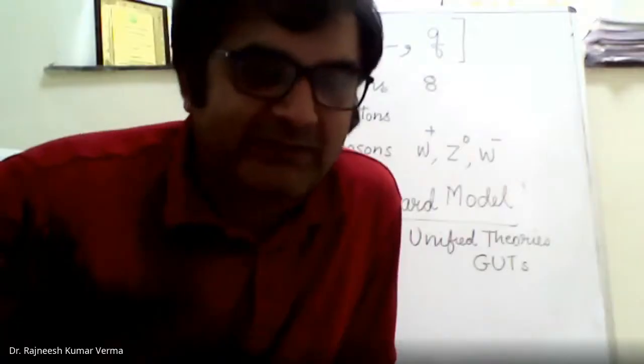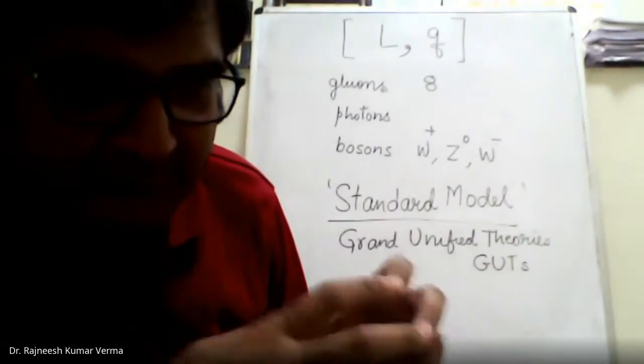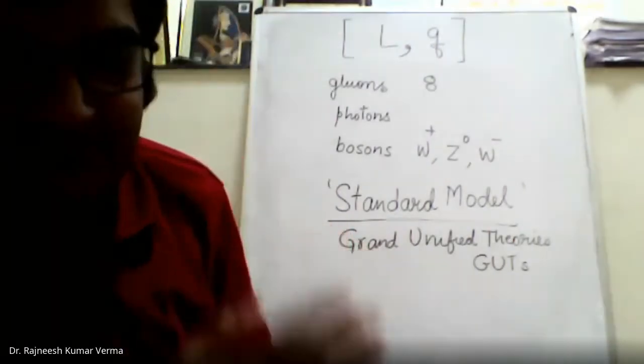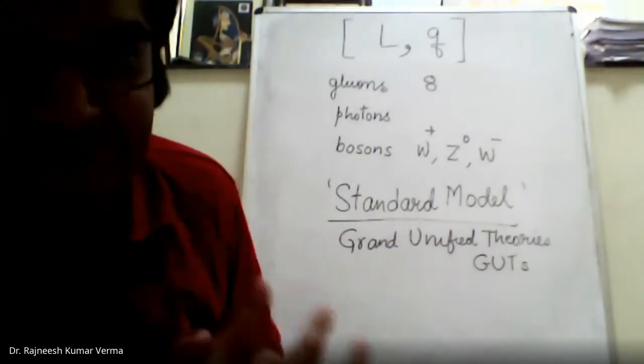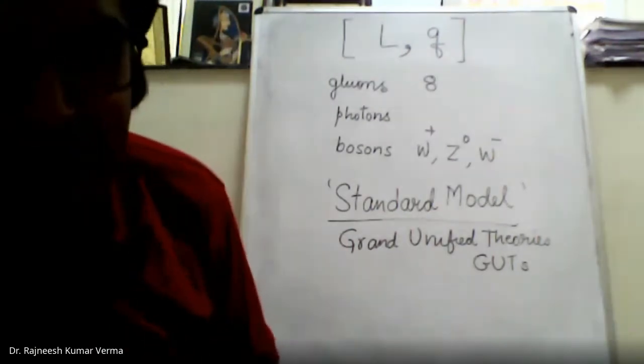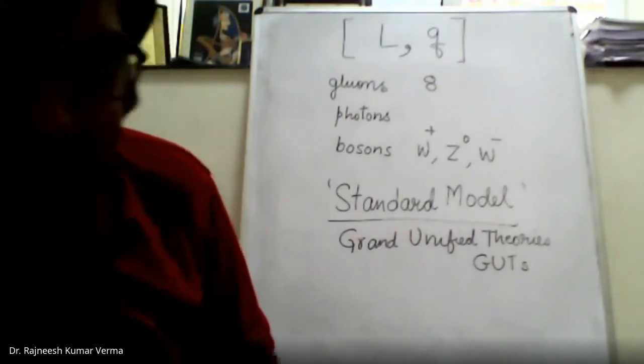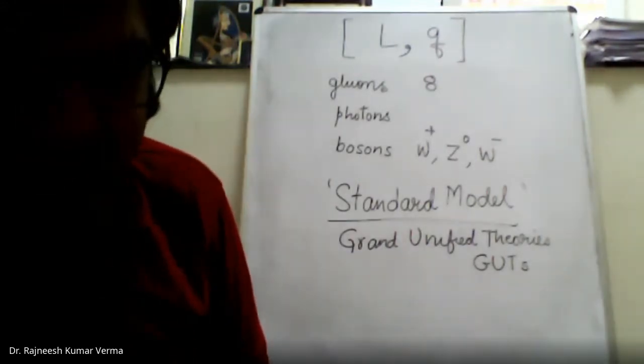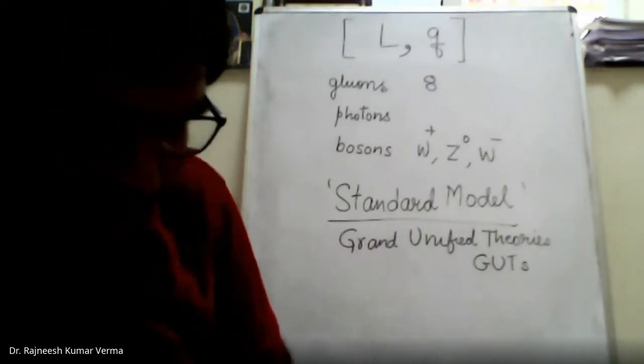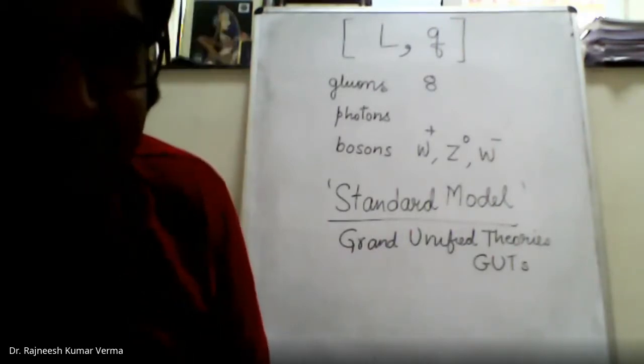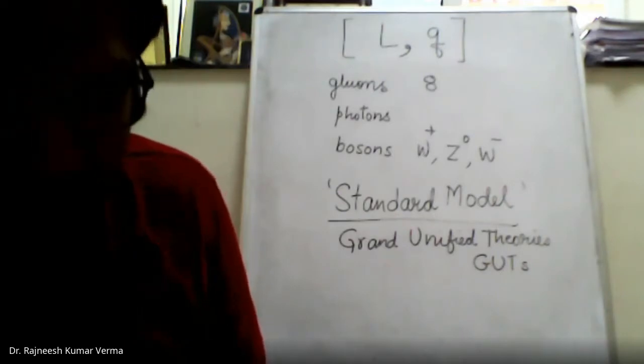Okay, sir. So if gluons and photons are also bosons, then why have you written those in a separate row? I have written gluons and photons separately because they are the particles involved as exchange particles in 2 different interactions. Gluons are responsible for the strong interaction between quarks, and based on quantum chromodynamics, there are 8 different gluons to have a complete picture.